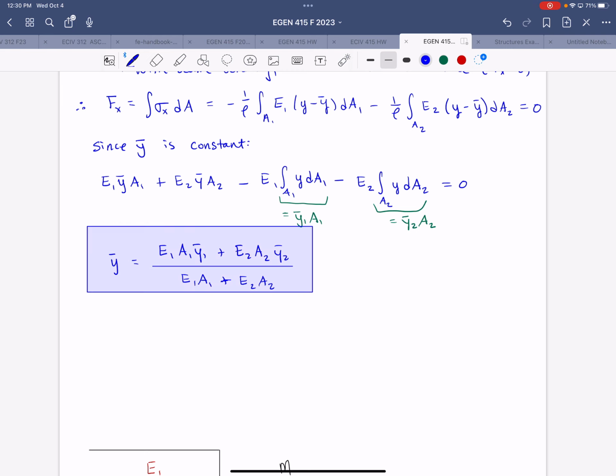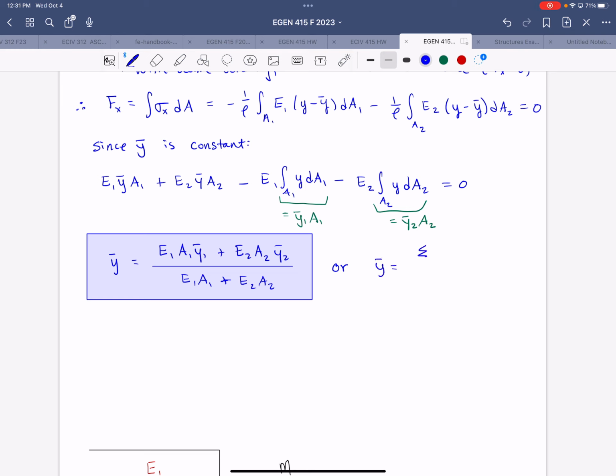All right, so that is perfect for cross-sections that have two materials. If you have more than two materials, the general expression is y bar is equal to the summation of each individual capital E, capital A, y bar, divided by the summation of each capital E, capital A product.